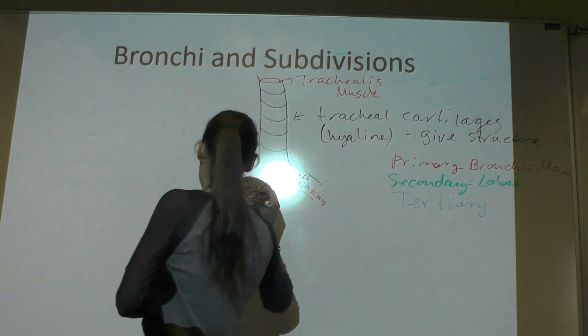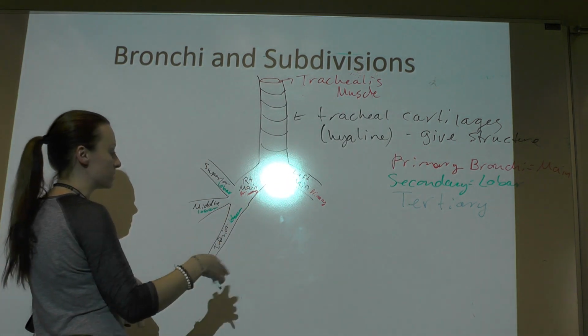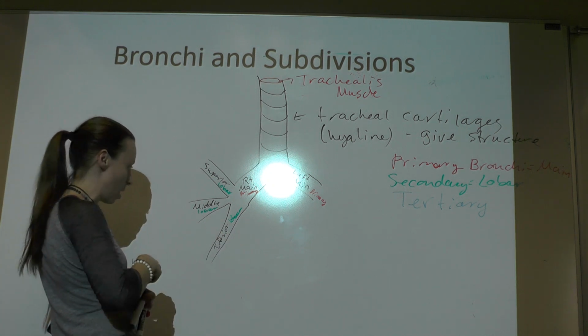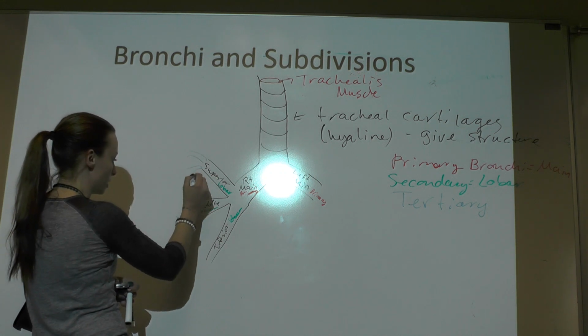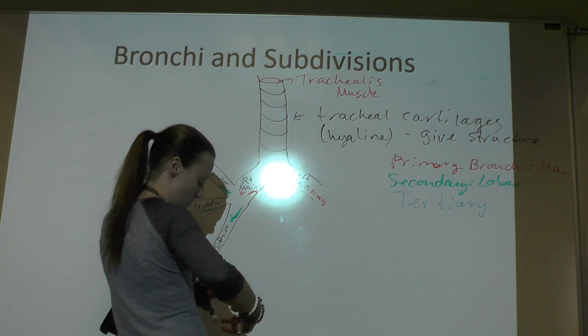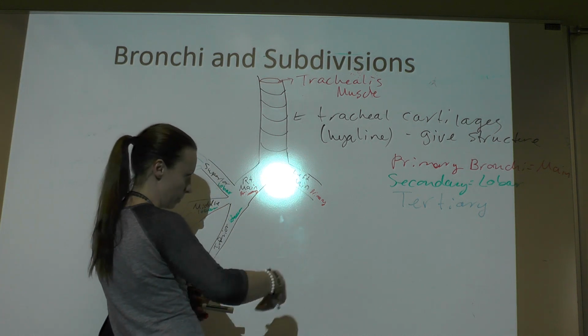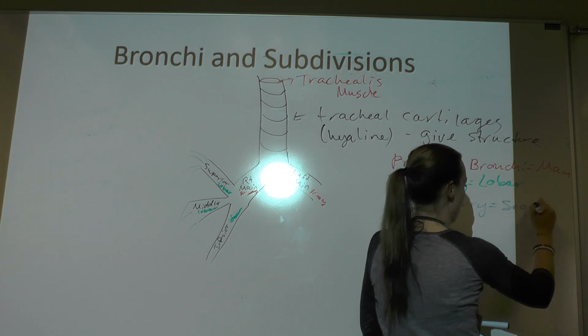Tertiary bronchi. There are differing numbers of segments in each lobe, so I'm not going to draw out the entire rest of the bronchial tree. Our tertiary bronchi are our segmental bronchi.